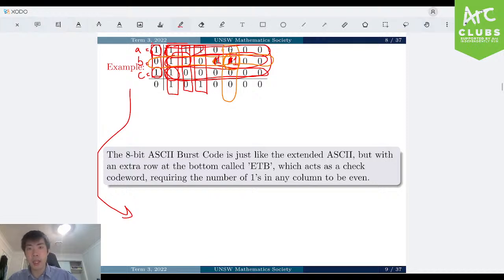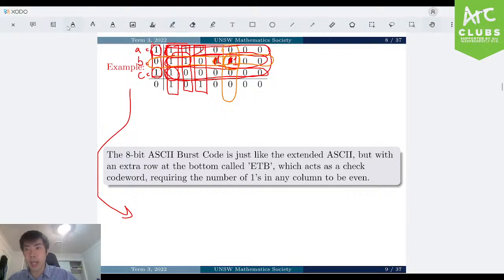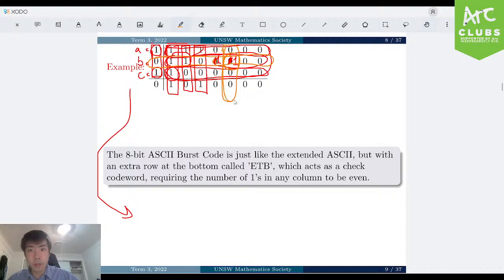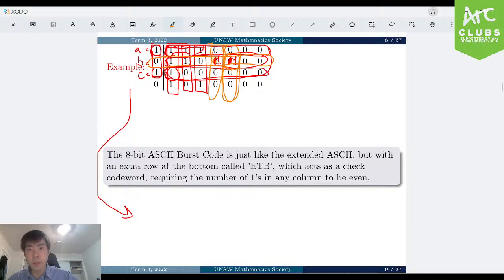Then I know that there's an error in this column and this column, but I won't know what row the error is in because every row will still have an even number of 1s. So that's kind of the fault of these ASCII codes and these extended ASCII versions of codes. They're very restrictive. You can only really detect and correct single errors.